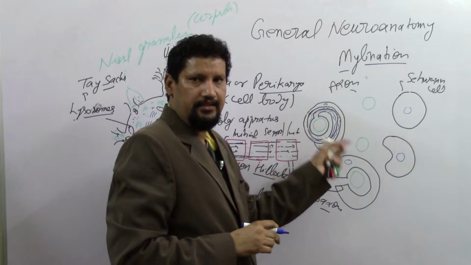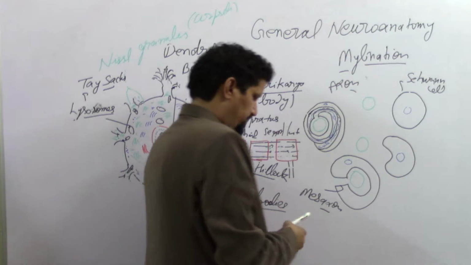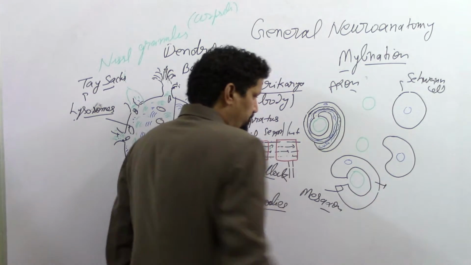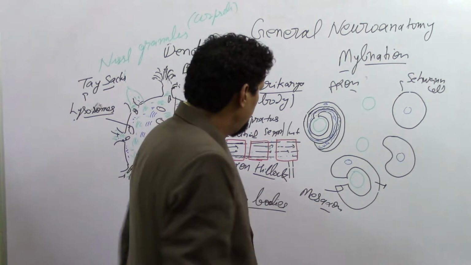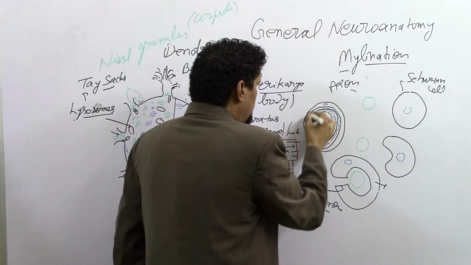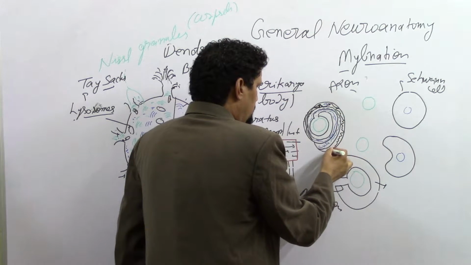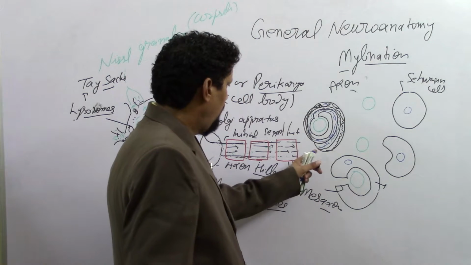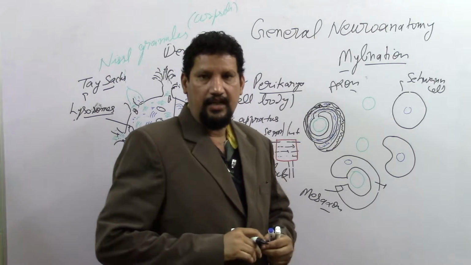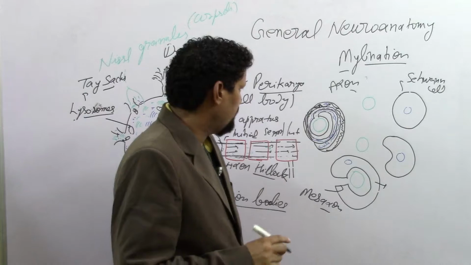So this is the myelin sheath, and the outermost covering of the myelin sheath is formed by the cytoplasm of the Schwann cell, and the nucleus is inside this cytoplasm. The outermost layer of the myelin sheath is formed by the cytoplasm and the cell membrane of the Schwann cell having nuclei.